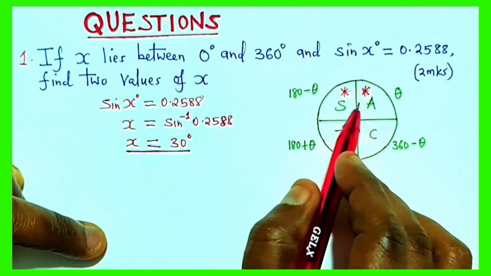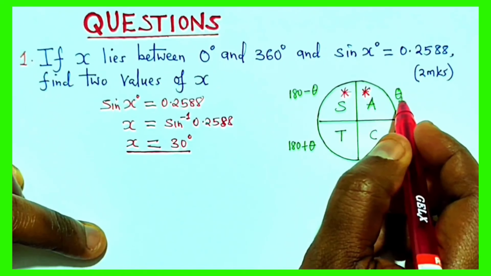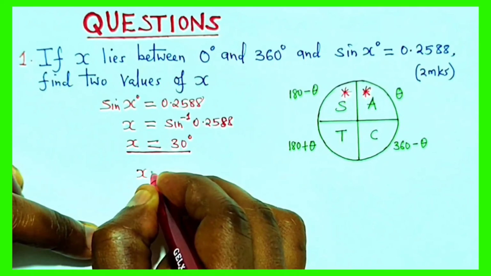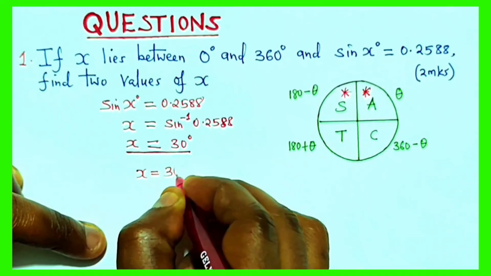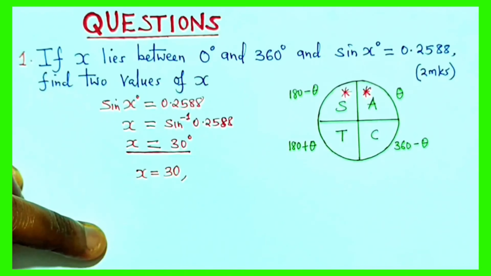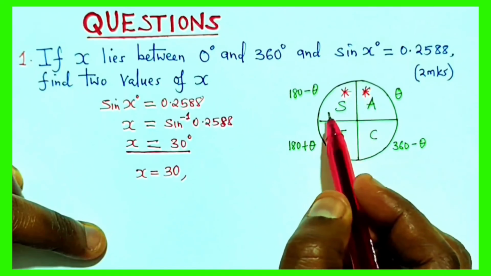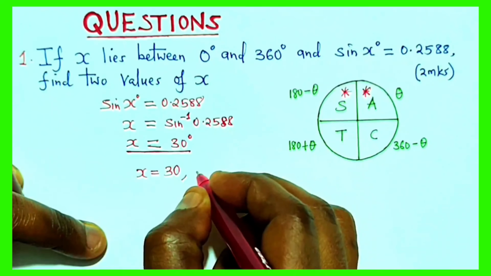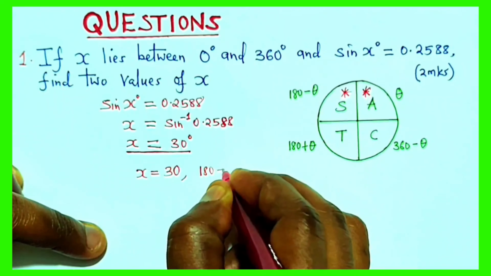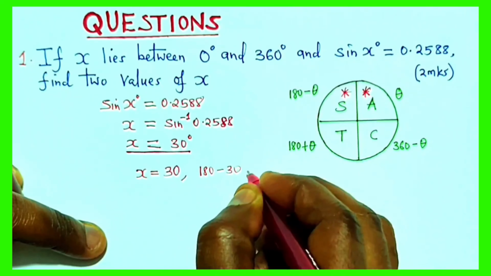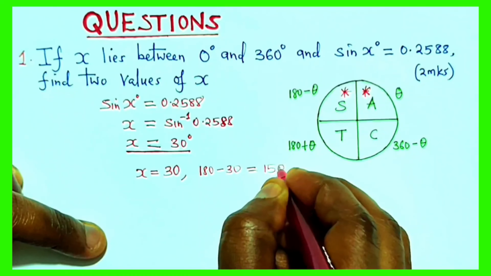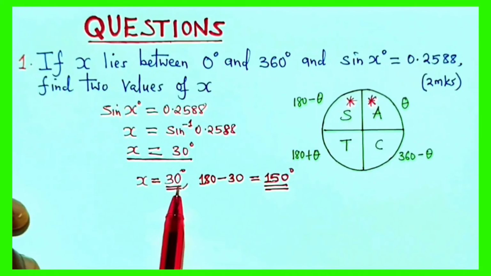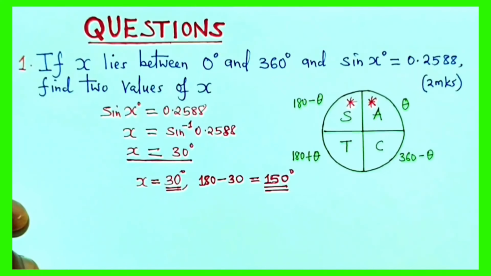So in the first quadrant, the value of x will be theta, so therefore x will be equal to 30 degrees, and the next angle will be in the second quadrant, which will be 180 minus theta, and that will lead us to getting 180 minus 30, which will be equal to 150 degrees. So the two values of x will be 30 degrees and 150 degrees.